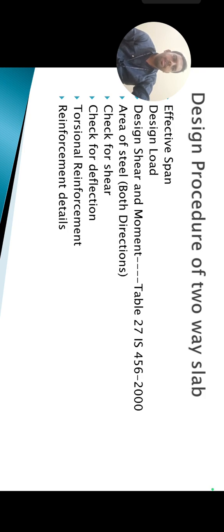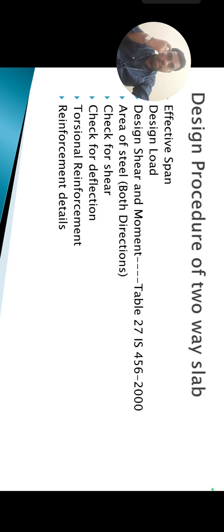You have to consider both moments, along the shorter span and along the longer span. The moment Mx along the shorter and longer directions can be seen in IS 456 2000 table number 27. It should be represented by the formulas.